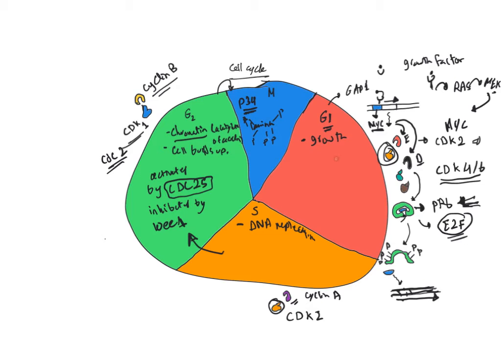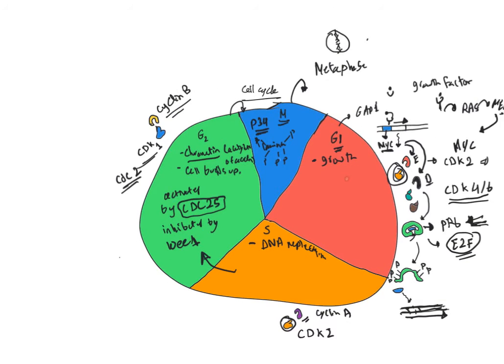So right now the cell could freely separate the chromosomes from each other. Once we're reaching here, there is also a regulatory step in metaphase. In metaphase, this is when the chromosomes are aligned together. Right now we want to make sure that every single thing is okay, and this is done by the anaphase promoting complex, APC.